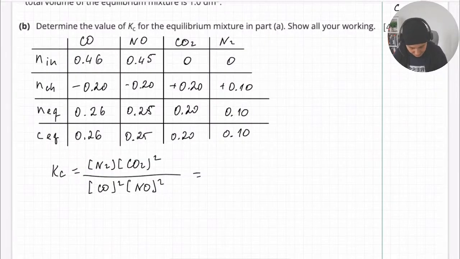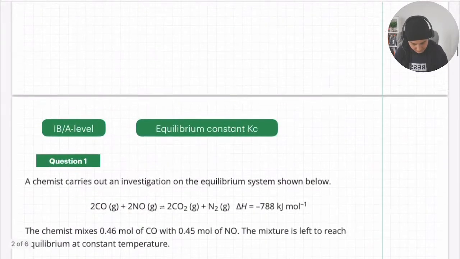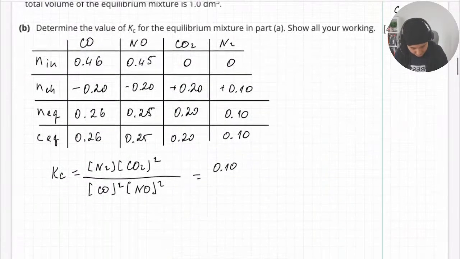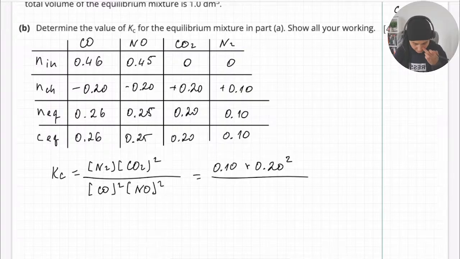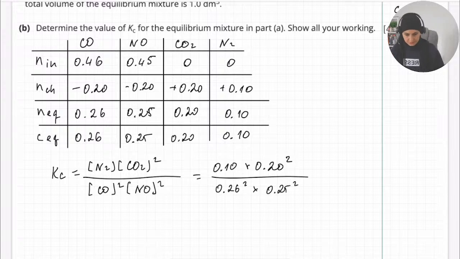Nitrogen is 0.1 times CO2, 0.20 squared, over CO 0.26 squared times NO 0.25 squared, and then we just calculate.